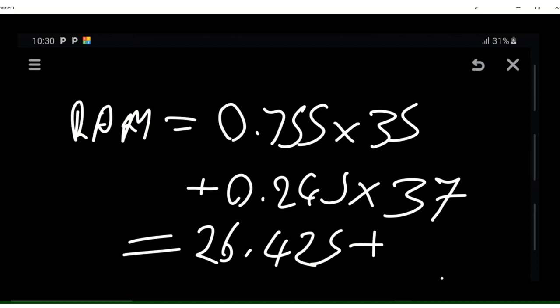Then the answer we can round off to the least decimal places of the values in your calculation when you're adding, or to the least significant figures when you're multiplying or dividing.